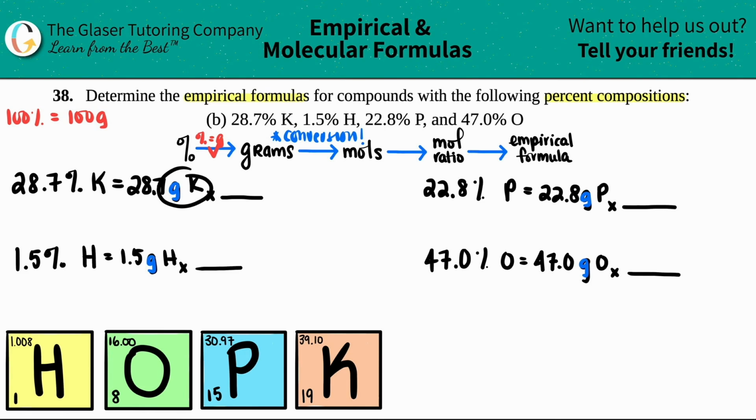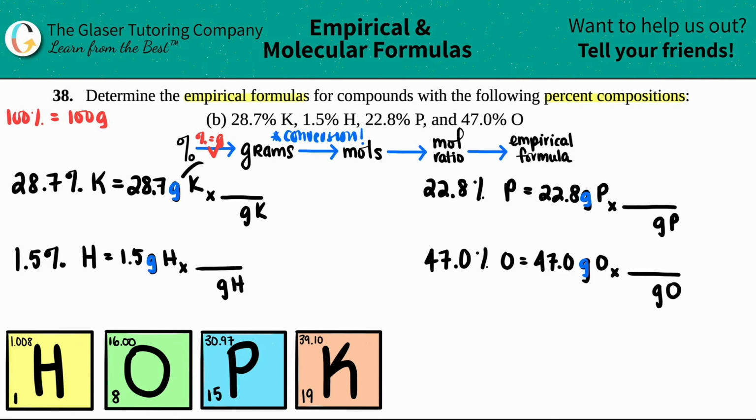If I don't want grams of potassium, that goes on the bottom. If I don't want grams of hydrogen, that goes on the bottom. I don't want grams of phosphorus, that goes on the bottom. And I don't want grams of oxygen, so that goes on the bottom. Now what goes on the top? Well, I want to find out moles, so the mole has to go on the top.